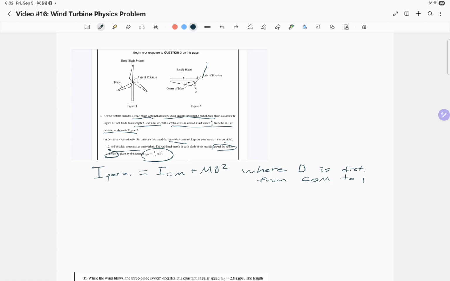I'll just do the symbol for parallel axis. You have 2 lines that don't intersect, right?